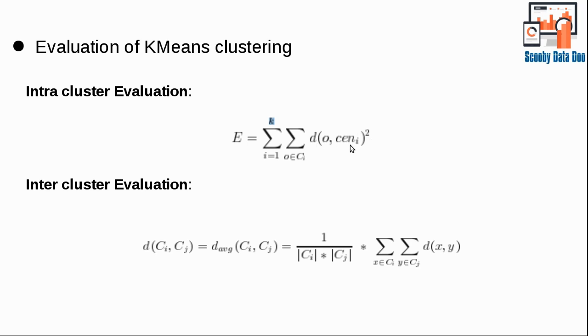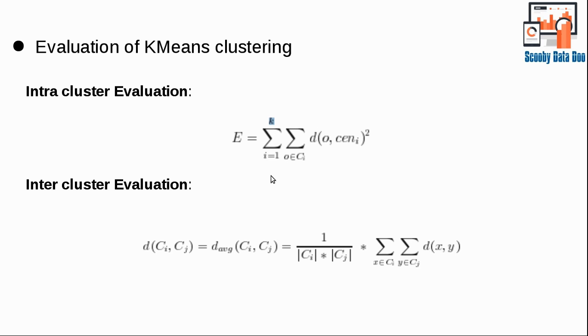So whatever value we get out of it, we square the value, and we do this calculation for all the data points in a specific cluster, that is O element of C_i. So we'll keep passing all the data points and we'll keep calculating and summing them up, right?